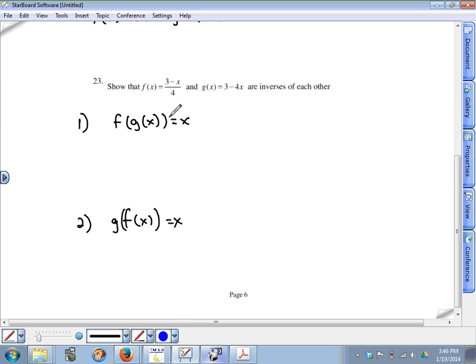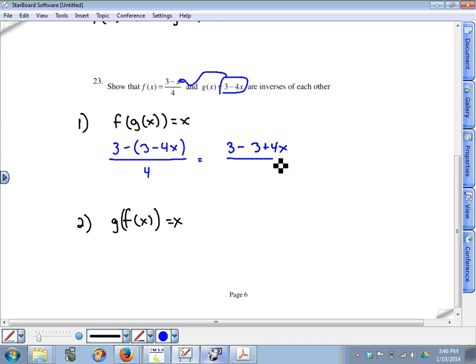So for part A, the g function is going to go inside the f function there, so this is 3 minus 4x all over 4. Now that turns into 3 minus 3 plus 4x all over 4.